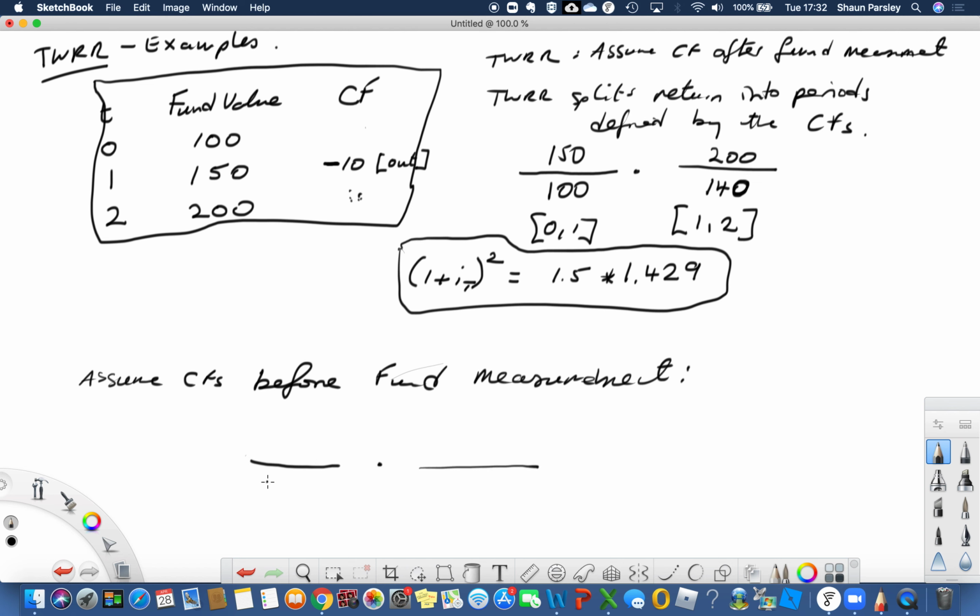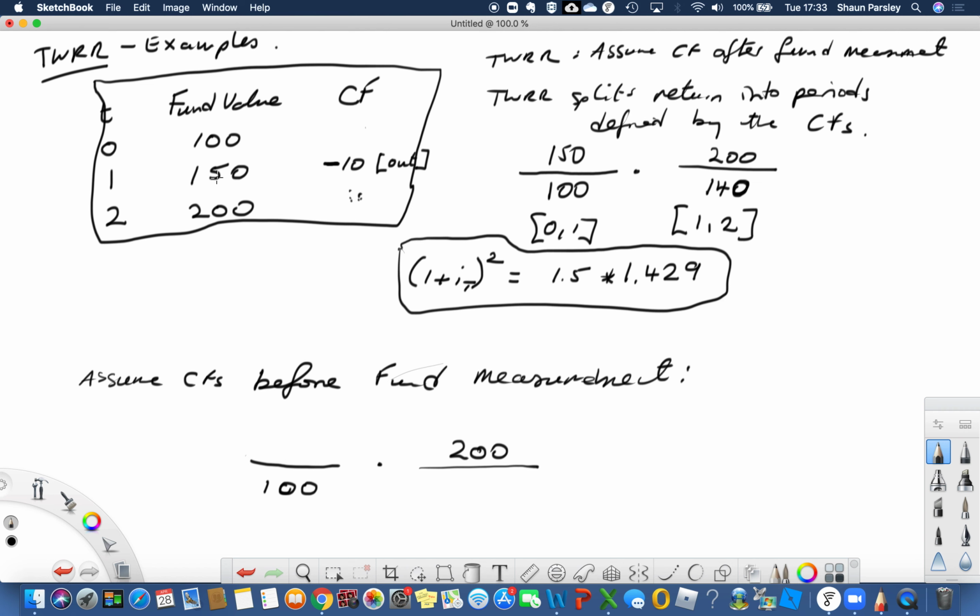We start with nothing happening at time 0 except we have 100, so that goes on the bottom. Now the cash flow is before the measurement, 150.